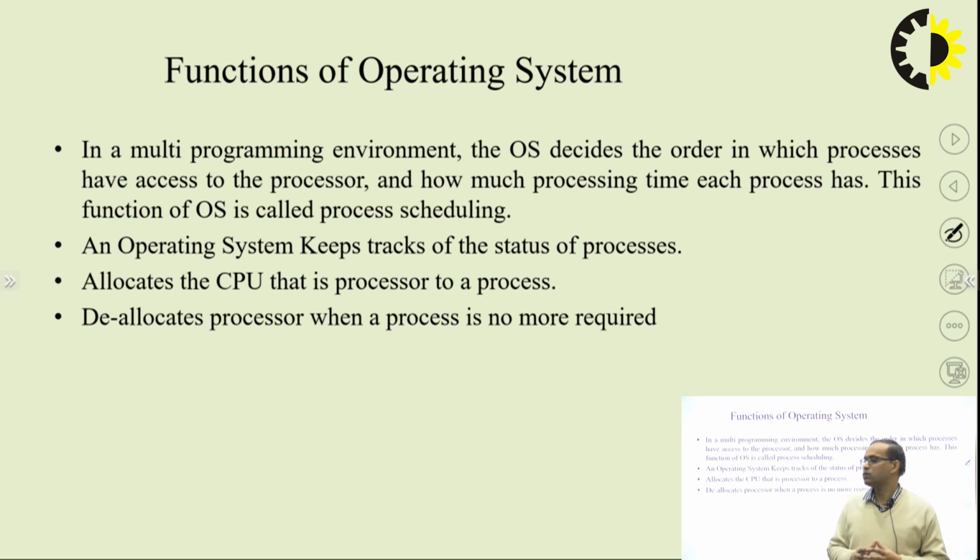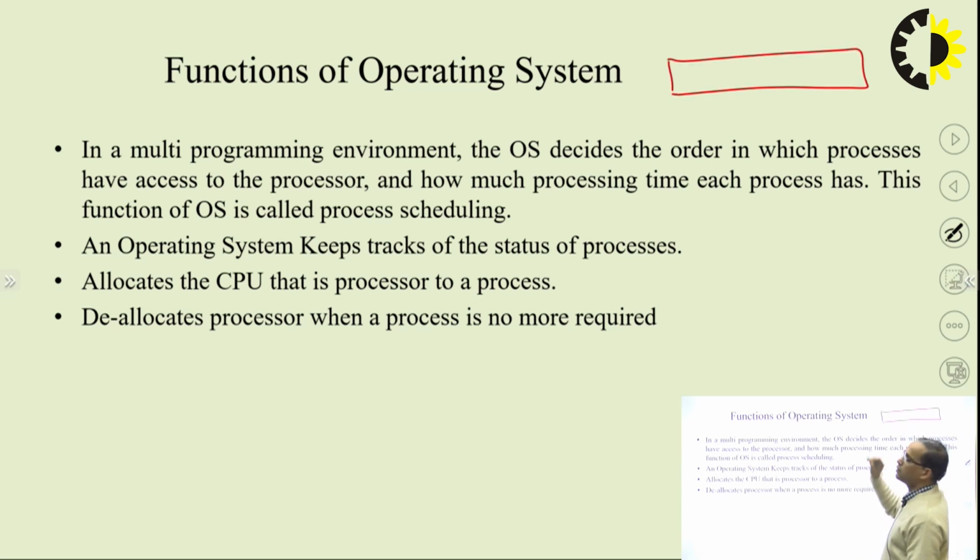When a process is submitted to the system and loaded into main memory, a queue is formed. That queue is known as the ready queue. Suppose there are 4 processes P1, P2, P3 and P4.